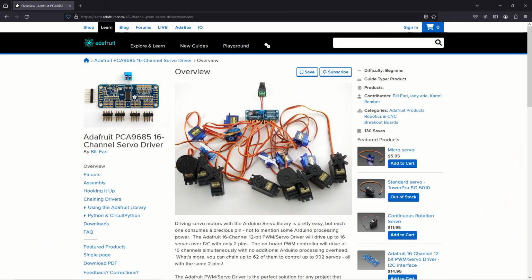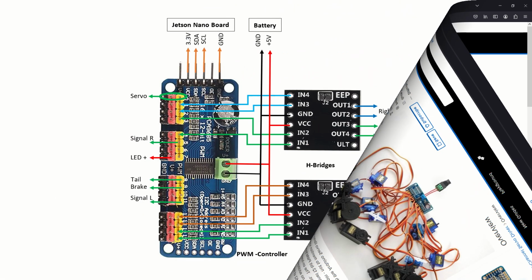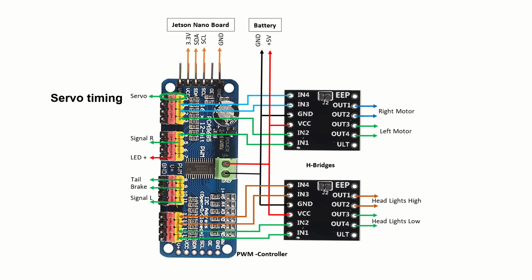The PCA 9685 is actually a 16-channel PWM chip, and the servo kit from Adafruit simply restricted full PWM output to the allowed servo timing artificially. In our case, we have only one servo that requires this timing, and all other channels are better off as PWM channels.